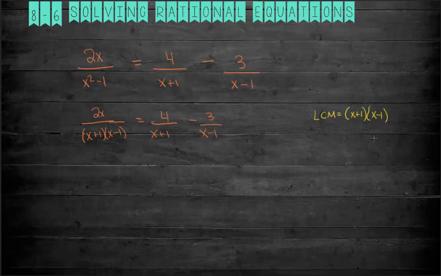So then I'm going to take this LCM, which is x plus 1 times x minus 1, and multiply this whole equation by it, meaning I'm going to multiply both sides by x plus 1 and x minus 1 in order to balance the equation. We're going to be multiplying fractions, so we can think of this as over 1, and we're going to be the boss and multiply straight across.